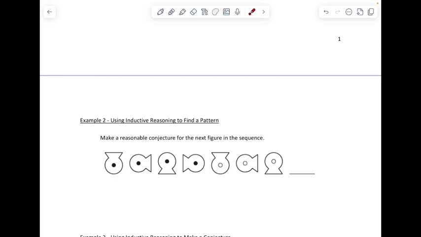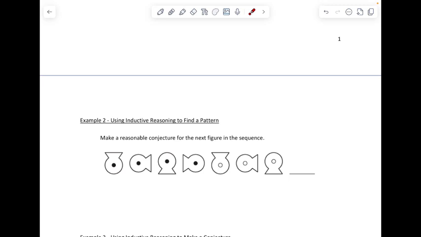In the first four figures, we see there's kind of a circular part down here and a flat part up here. In the first figure, the flat part is on top. And then over here, the flat part is facing to the right, and then down, and then to the left. And then furthermore, in the first four figures, we see that there's a small solid circle in the middle of each figure. Then the sequence repeats.